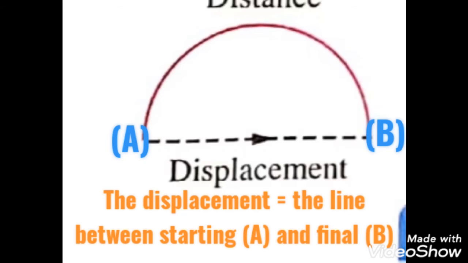So the shortest length between the two points equals the value of the displacement. This is the imaginary line we can draw between one point and another point.